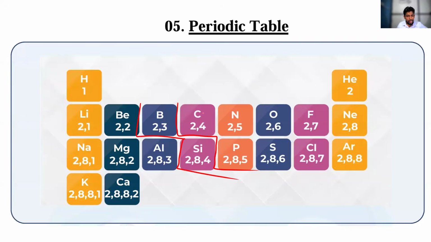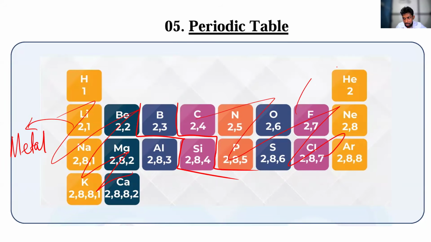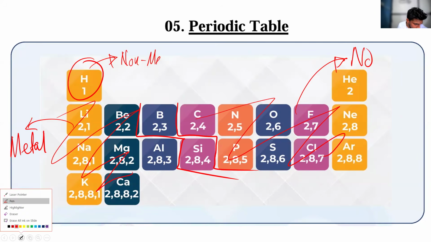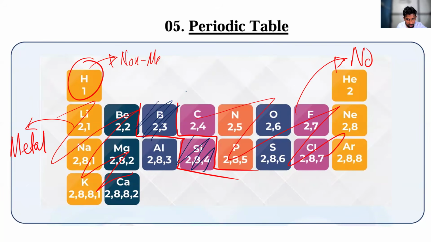You can draw a line like this and mention that all these are metals and all these are non-metals. Hydrogen is also a non-metal. You can put a circle and mark that one. Between the metals and the non-metals, we can use another blue color pen, and you can mark them as metalloids.